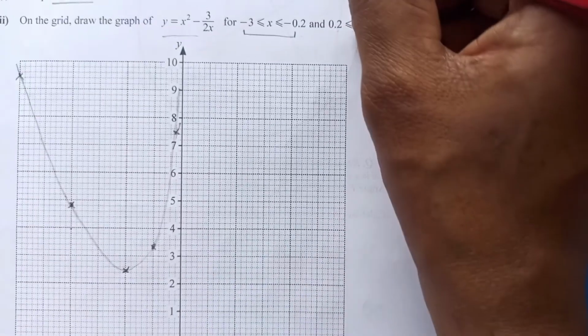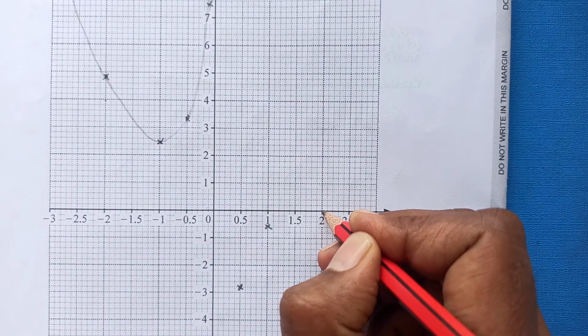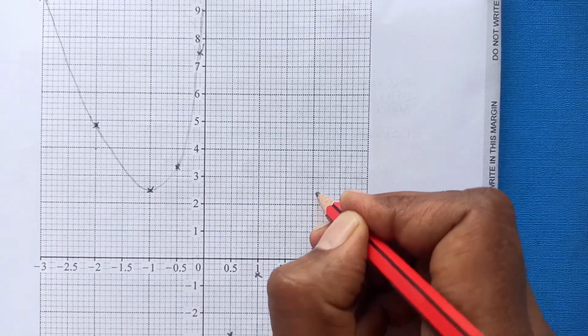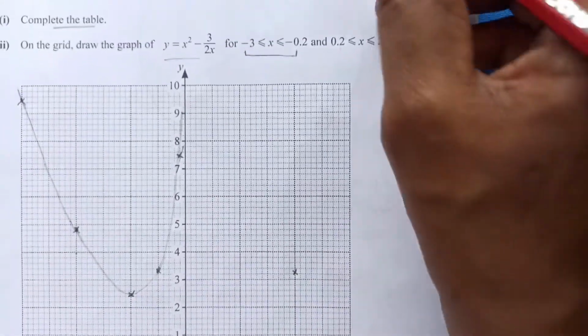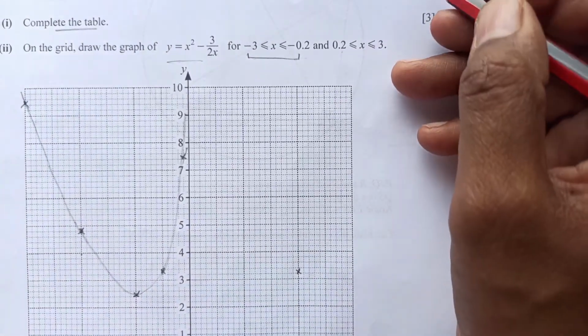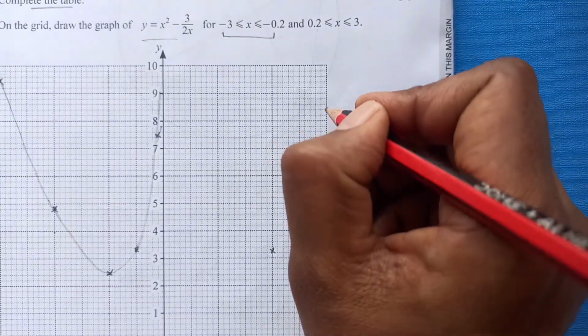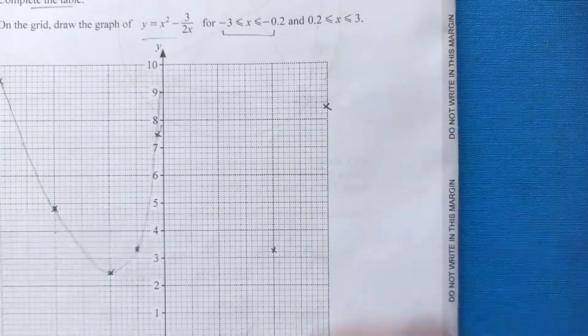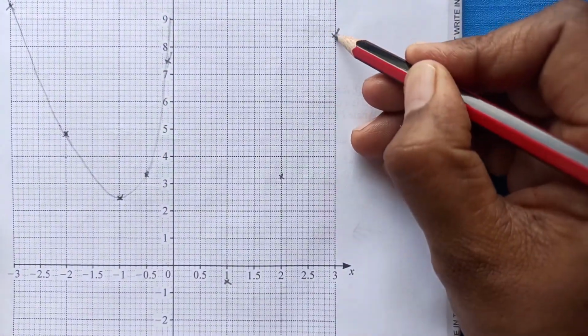Then 2 and 3.3, 2 is here, and positive 3.3. So this is 3.2, 3.3 is here. Then 3 and 8.5, 3 is here, 8.5 is between 8 and 9. This is the point. So we are going to join all these points to get a curve.